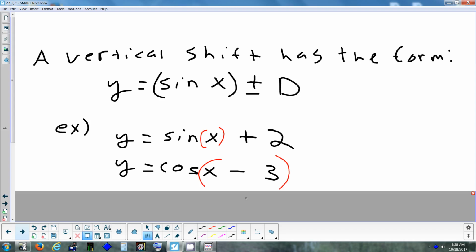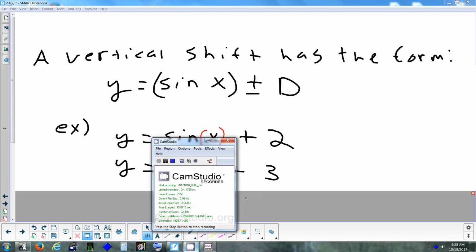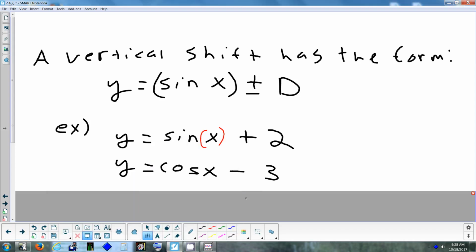Now I change the problem. Okay, anyone have a guess which one is going to move up? You think the sine one or the cosine one? The cosine one? So you're thinking like the phase shift, like the opposite idea we did yesterday? Anyone think the sine one? Yeah, it is the sine one today.